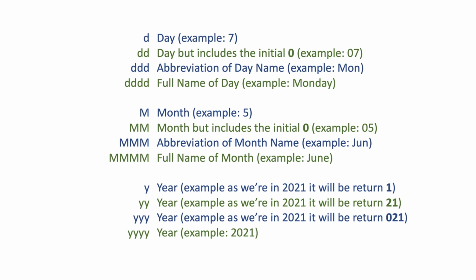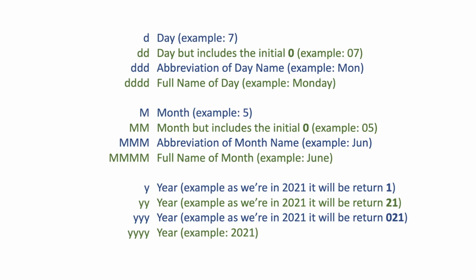The difference here is that you have to use a capital letter for month. Now, why do you use a capital M when d and y are lowercase characters? Well, a lowercase m represents minute, which we'll come on to in a moment. But a month is represented by a capital M. So let's say we wanted to get May.